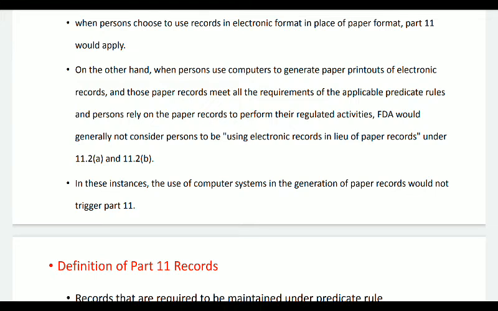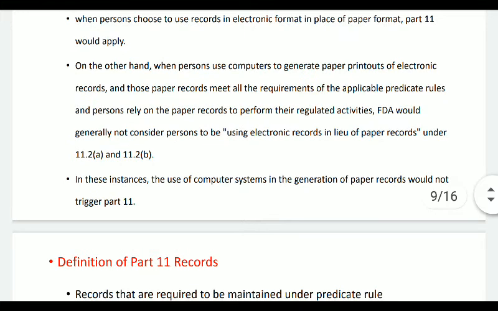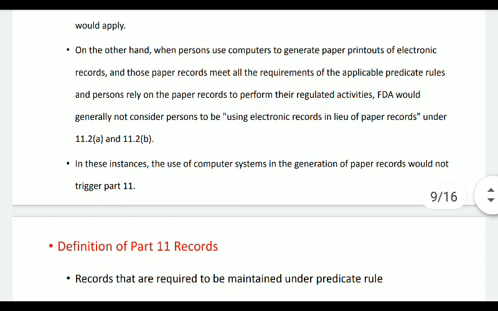On the other hand, when a person uses computers to generate paper printouts of electronic records, and those paper records meet all the requirements of the applicable predicate rule, and persons rely on the paper record to perform their regulatory activities, FDA would generally not consider persons to be using electronic records in lieu of paper records under 11.2 and 11.2(b).